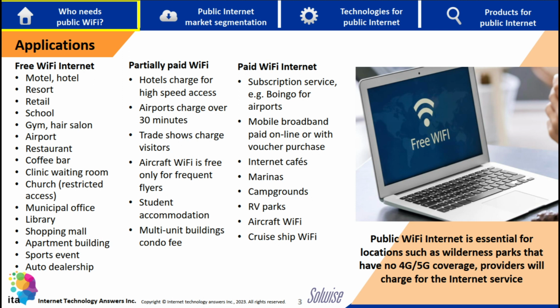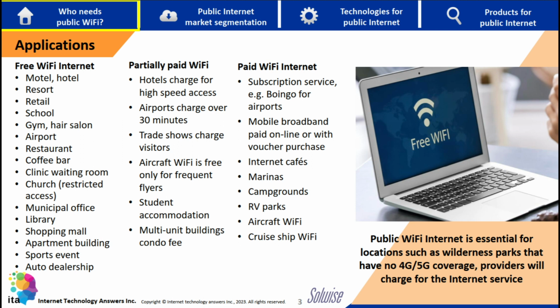We have mobile broadband providers, businesses that provide a type of Wi-Fi service that they charge for. Internet cafes, if you travel around places like Latin America or Africa, you'll see these are pretty common. It's a store where you go to get internet access. There are other places.